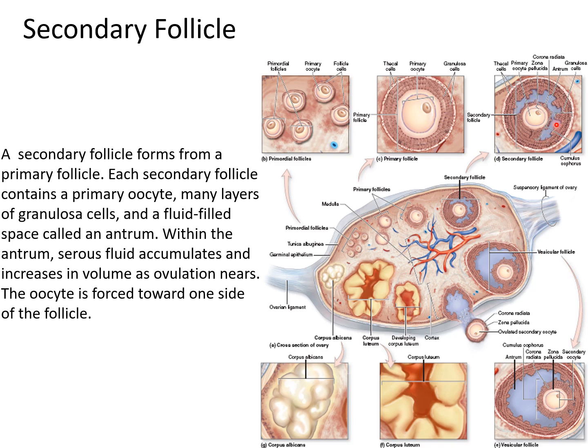This is serous fluid that's accumulating in here, and it continues to increase in volume as you get closer towards ovulation, and it pushes the oocyte towards one side of the follicle. If you compare this to the vesicular follicle below it, you can see the oocyte is no longer in the center, but rather over to the side. So you're getting the creation of this fluid-filled space, or the antrum, and then it forces the oocyte to one side of the follicle.